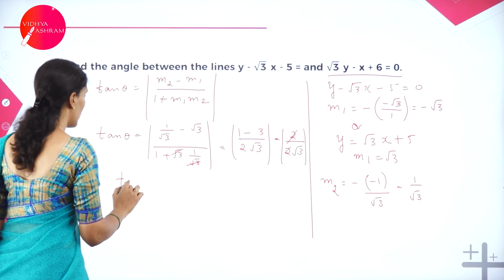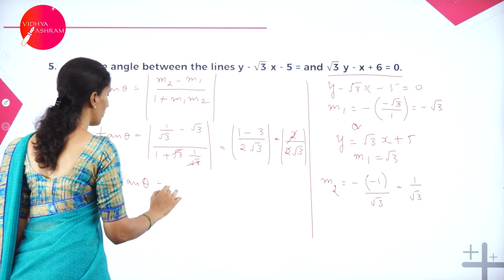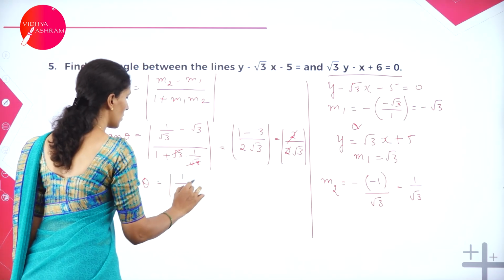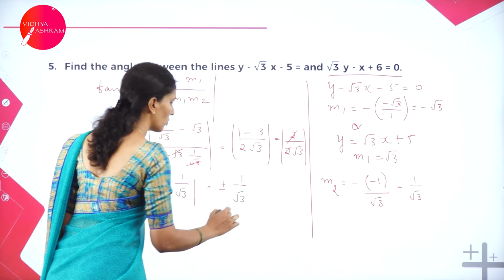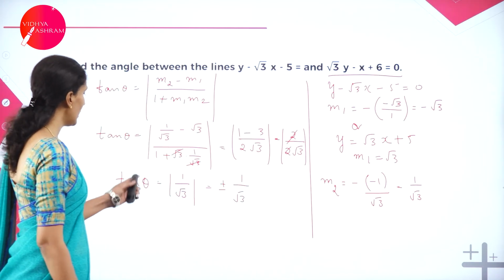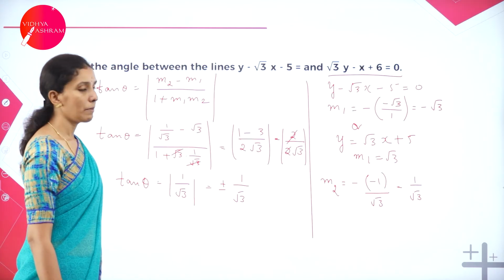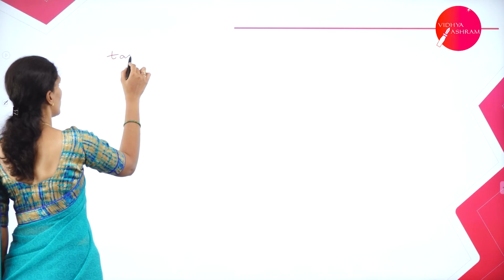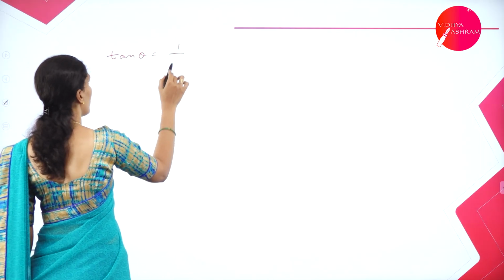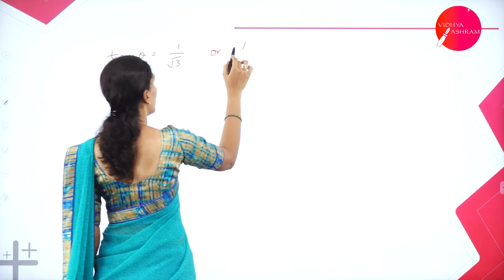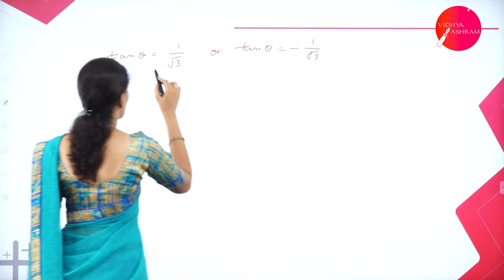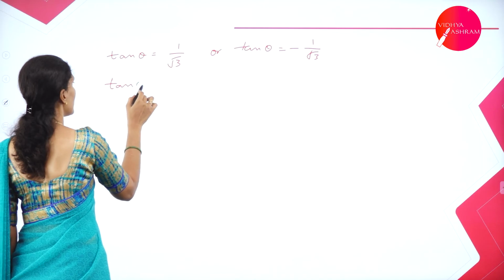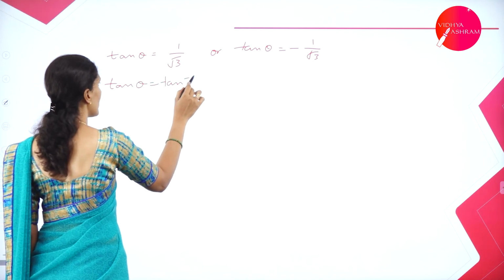So therefore tan theta will be equal to modulus of 1 by root 3. If you remove the modulus, it will become plus or minus 1 by root 3. So tan theta will be 1 by root 3 or tan theta will be equal to minus 1 by root 3.